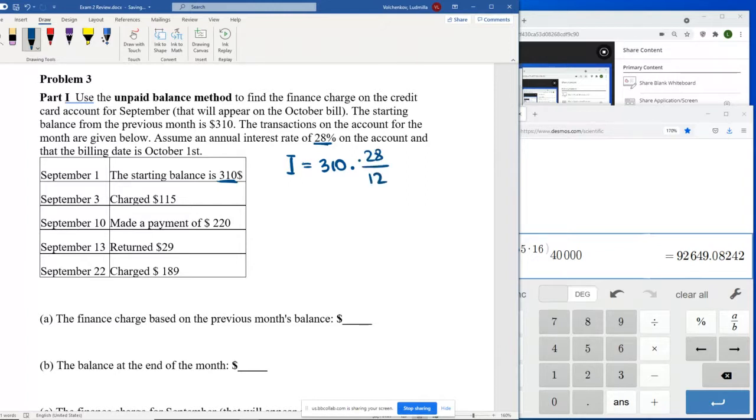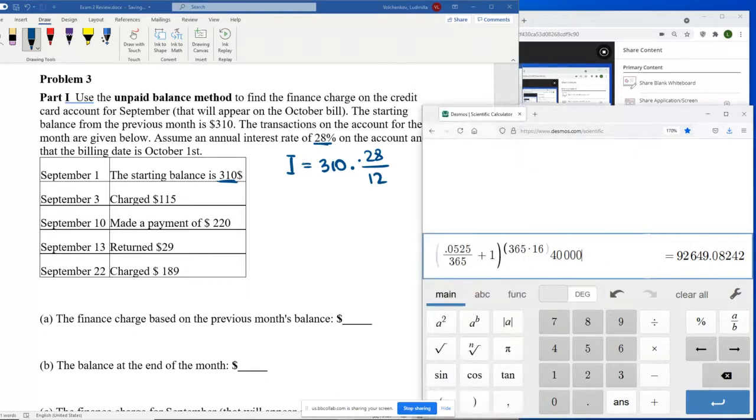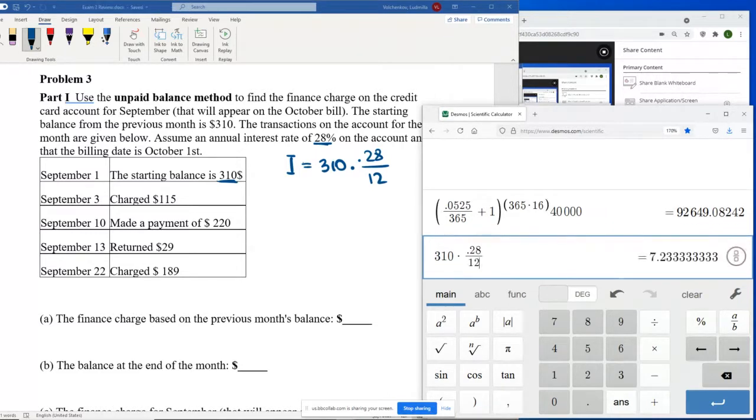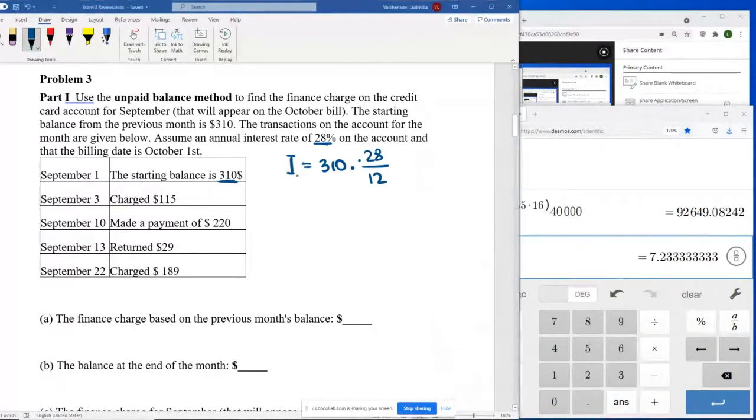So we use 1/12 for time in the unpaid balance method. 310 times 0.28 divided by 12. And let us mark that as previous month, and we round to the nearest cent as usual, 7.23. And this is the answer for the first question, the finance charge based on the previous balance, 7.23.